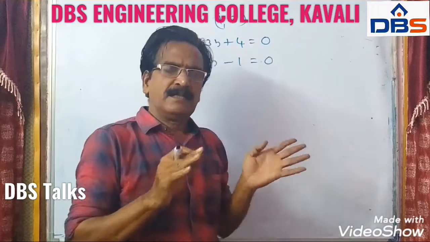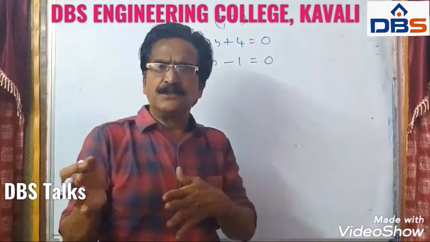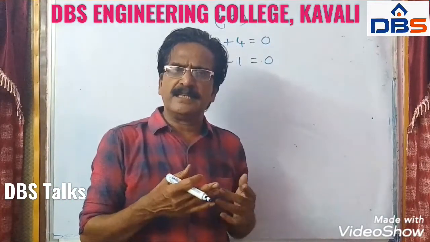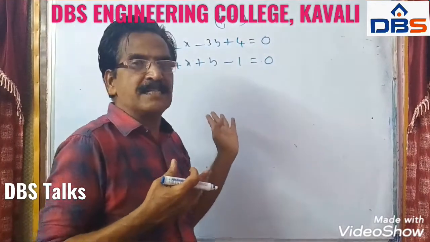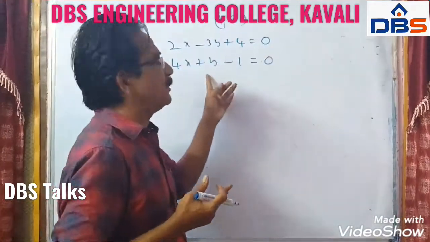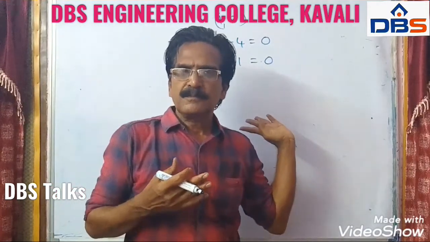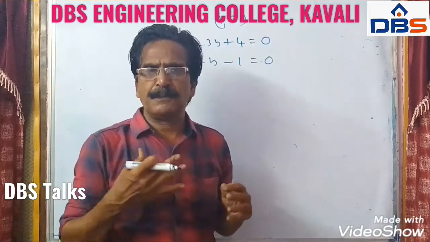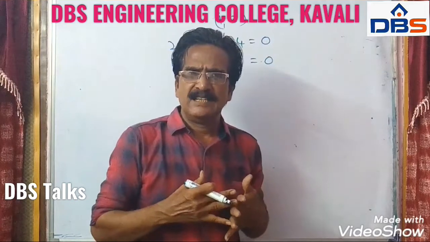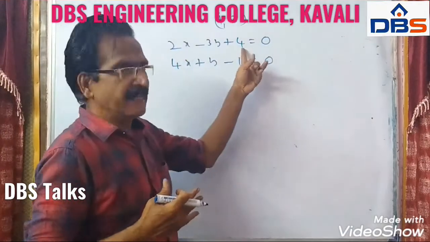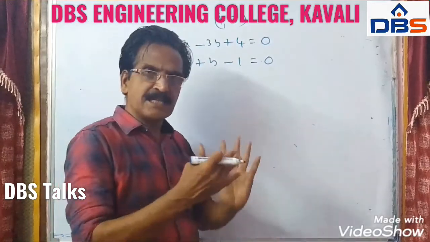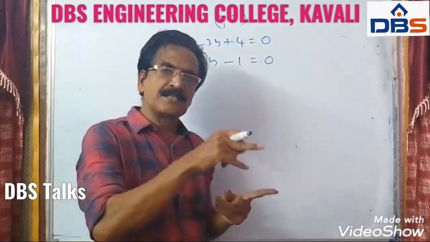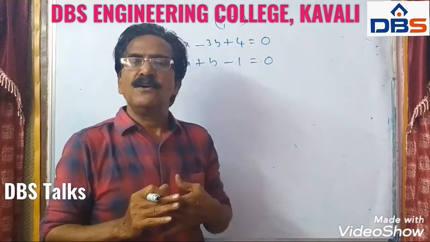So in general, this can be done in two ways, friends. Normally the equation of a line through the intersection of two lines is this plus lambda into this is equal to 0, and since that is passing through (1, 3), you can substitute (1, 3) and find the value of lambda.